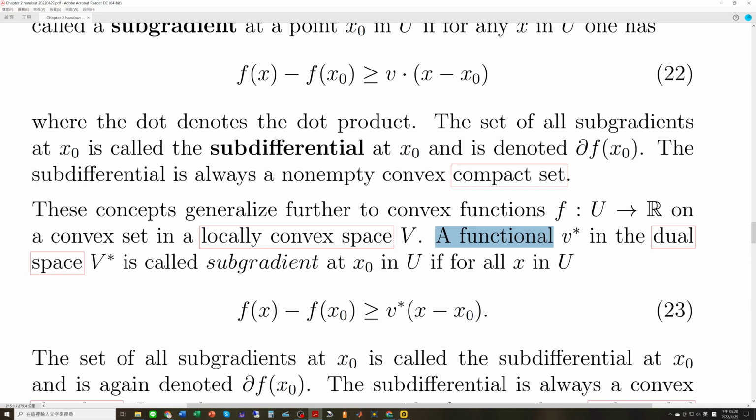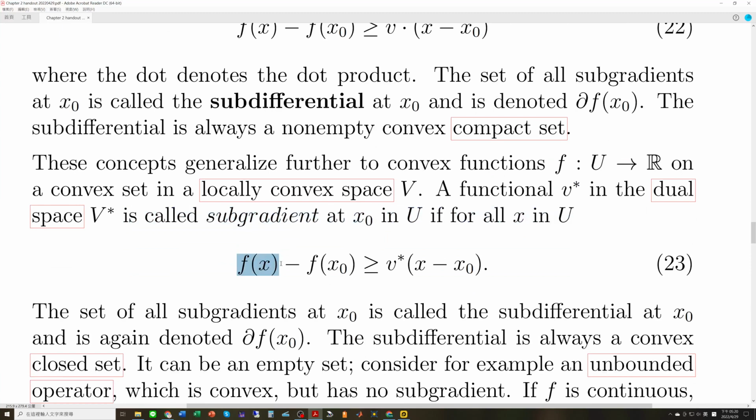A functional v star in the dual space V star, we will introduce what a dual space is later, is called a subgradient at x0 in U if for all x in U, f of x minus f of x0 is greater than or equal to v star times x minus x0.